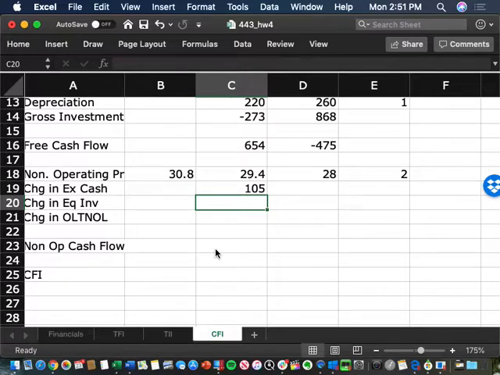I want you to understand the signs for this section more clearly. Cash flow available to investors. This is the cash on the table that I'm eventually going to be paid out. So everything on the top half of the statement is basically saying a positive number is adding to the cash on the table to pay out to investors, or taking away from that. Okay? If I make 654 free cash flow, does that add to my CFI or take away from my CFI?